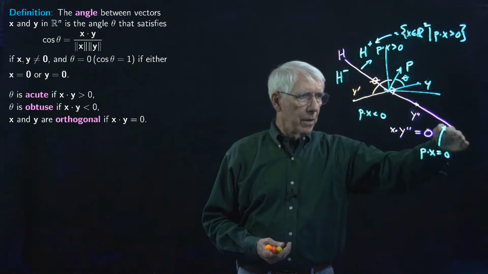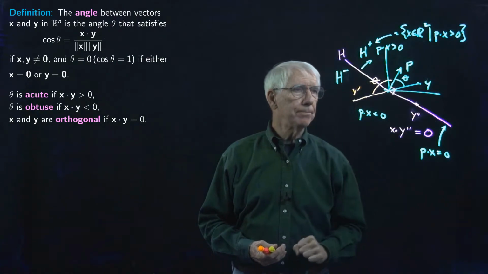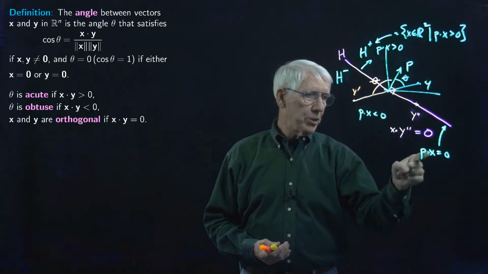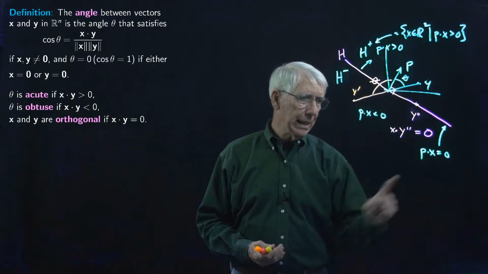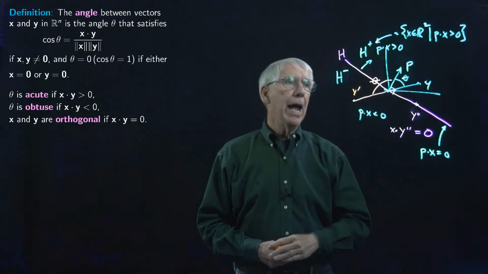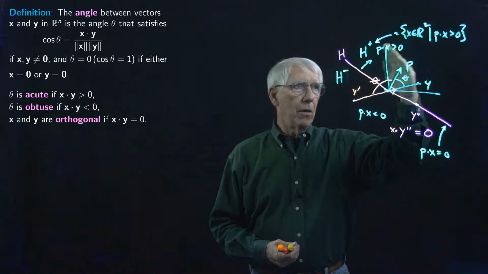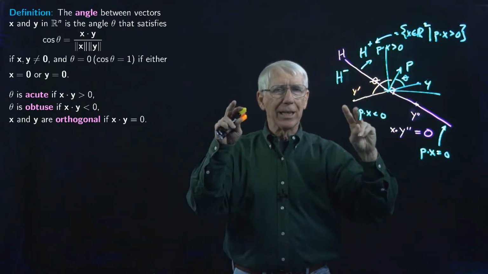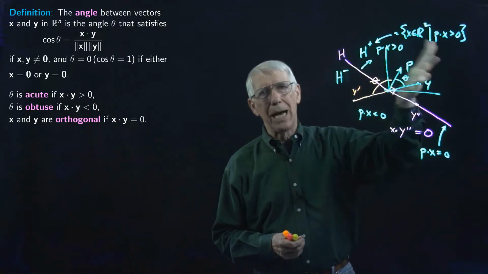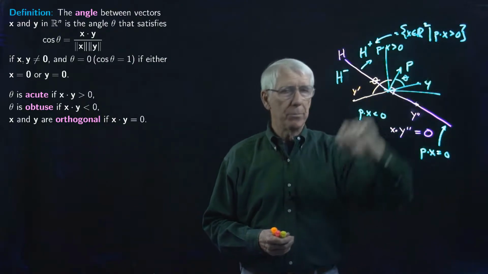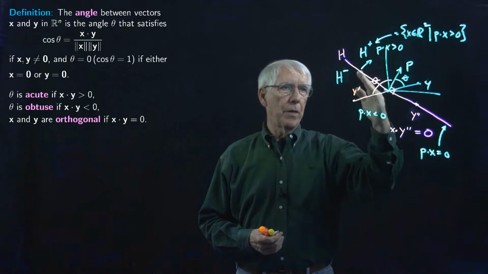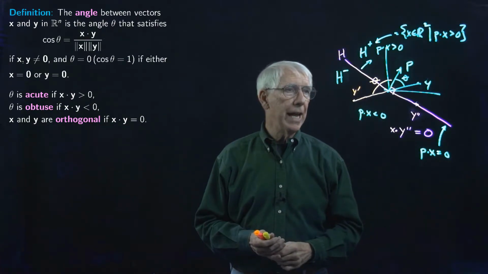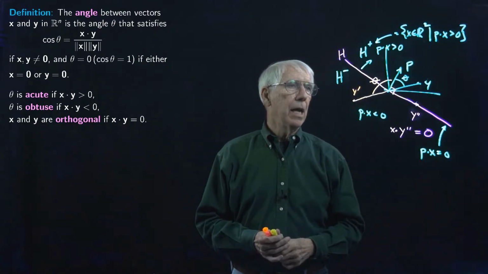H, the line running through the origin, for which every vector in H is orthogonal to p, p dot x is 0. Secondly, the set above here, let's say quote above, it's above because this is the positive direction for p dot x. All the things up here, p dot x is positive, and all the things down here, p dot x is negative.